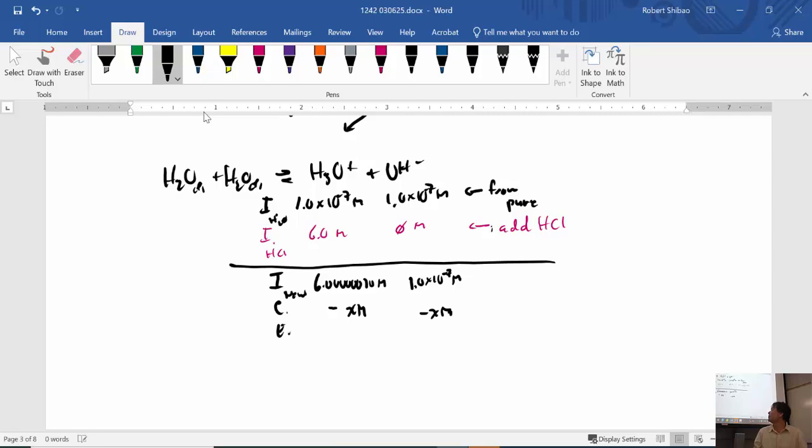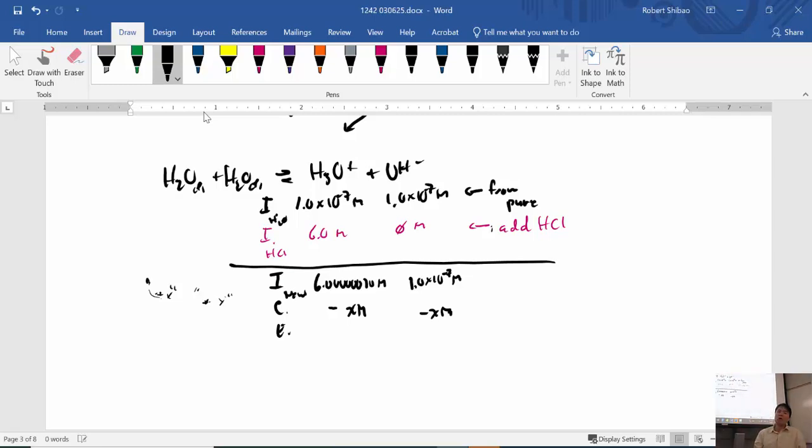And at equilibrium, this is plus X, but this is pure liquid, so it's not really going to change its activity. So we're just going to focus on this. I'll just write this up here, plus X, but we really don't worry about that.